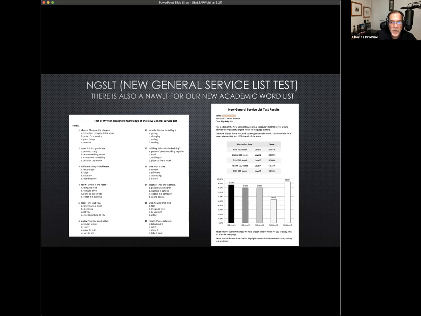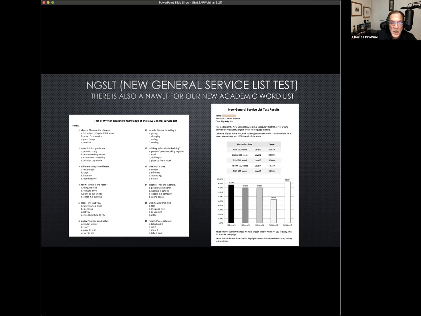It's basically a stratified random sampling style test of each of the word lists. The New General Service List is tested in 5 equal-sized bands of 560 words, and I believe the Academic Word List is in 4 bands. It helps you as a teacher, and the student as a learner, find out which frequency band they're strongest at and which they're weakest at.